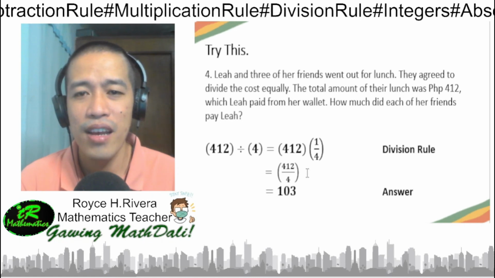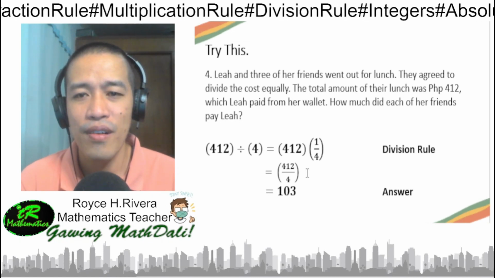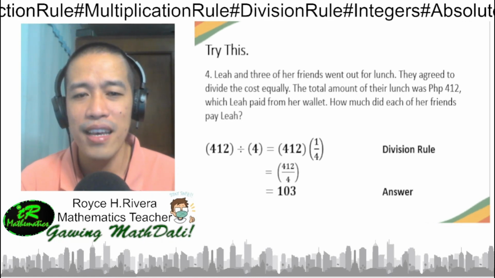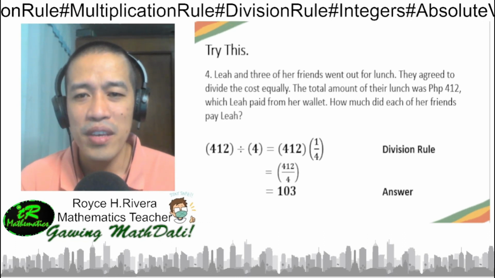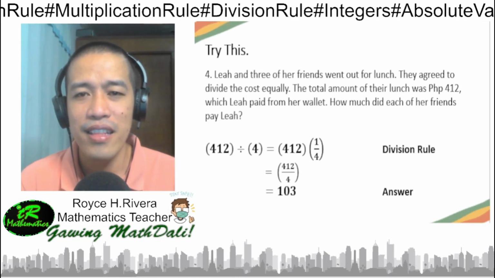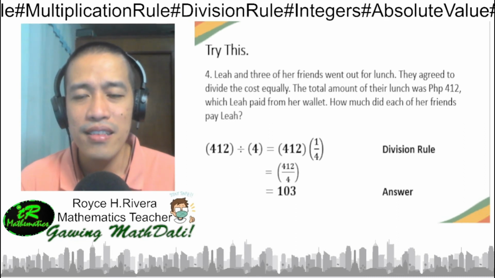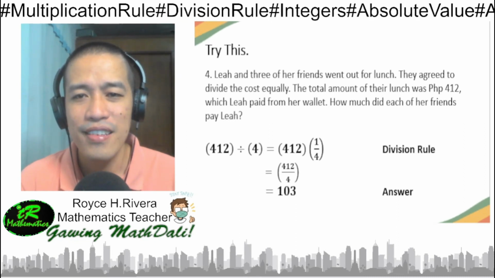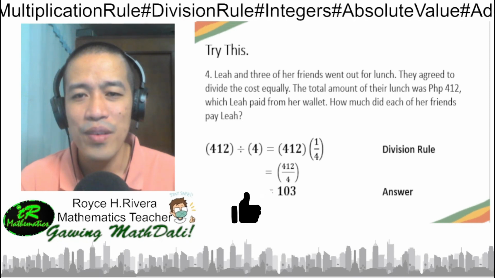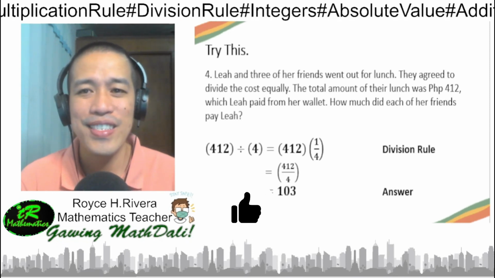So we have 412 over 4. So we simplify that to get the answer 103. So therefore, each of her friends will pay Leia 103 pesos.